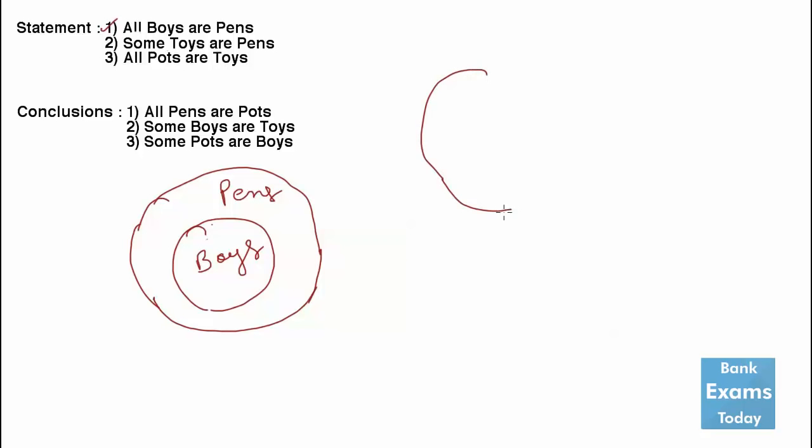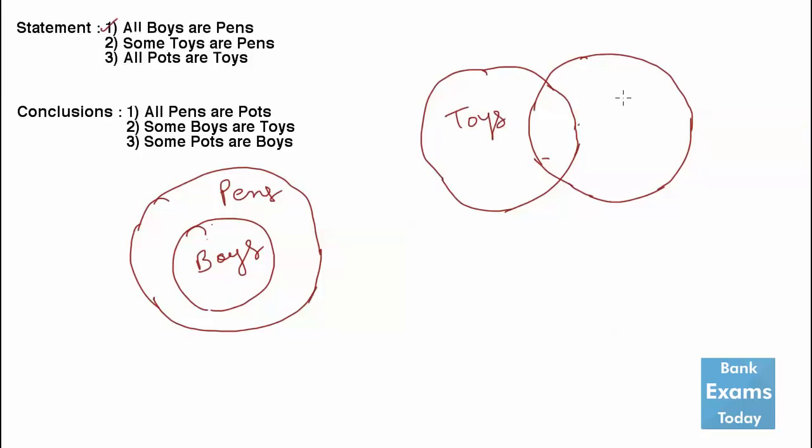Some of the toys, so some toys, a part of toys is pens. So it's done. And all pots are toys. All the pots are toys.